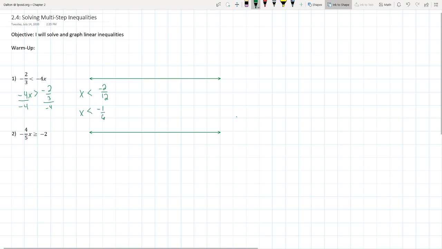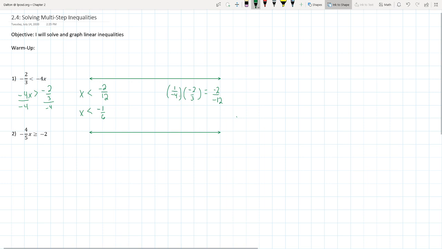Now, there's two ways of getting this. The first is to recognize that whenever we're dividing by this negative 4, it's the same as multiplying by 1 over negative 4. So if I did 1 over negative 4 times negative 2 over 3, you simply multiply across and you get negative 2 over negative 12.